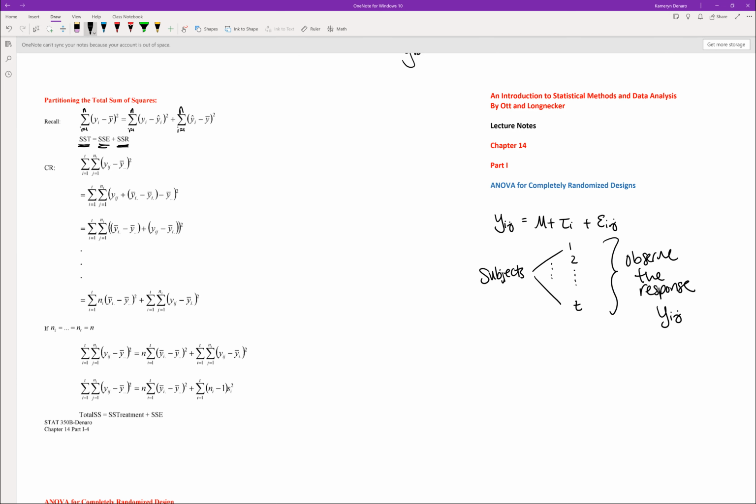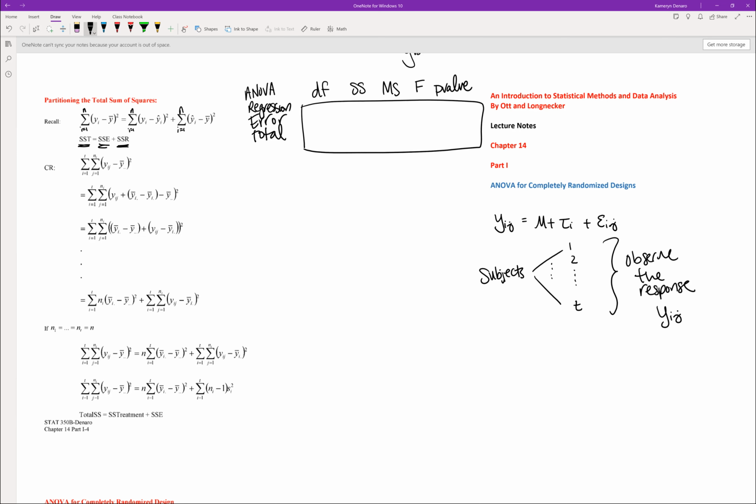So when we did that in those previous chapters, we could set up an ANOVA table by setting up the source: regression, error, total. We were able to write out the degrees of freedom, the sum of squares, the mean squares, the F value, and our p-value. So we could get our entire ANOVA table, right? And here we had our SSR, SSE, SST.